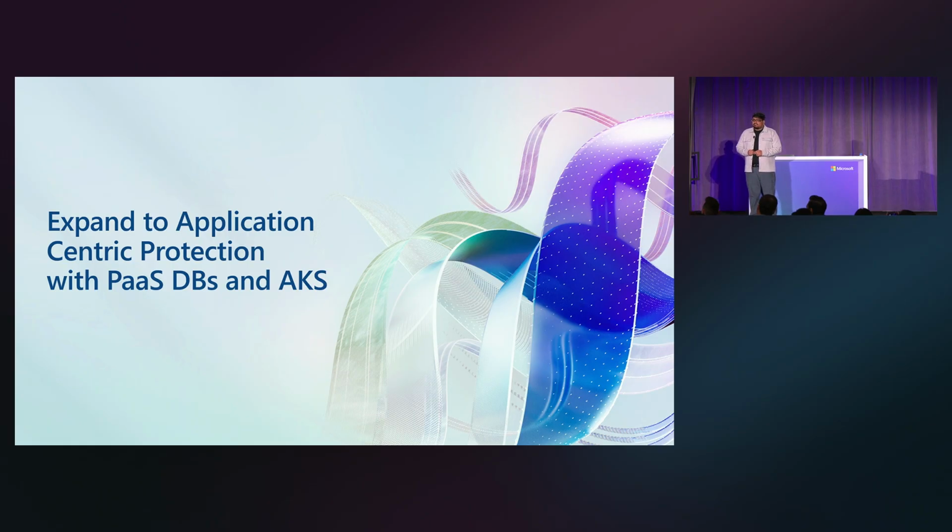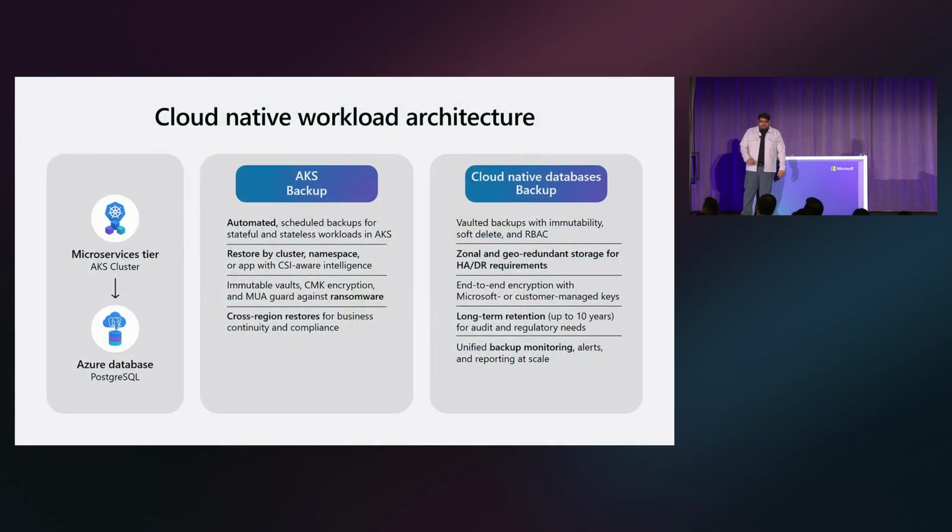In a cloud-native model, you are no longer protecting a single server or a single database. You are protecting an interconnected application of Kubernetes resources with the cloud-native databases, configurations, and the underlying data sources and services that power the entire platform. Because of this, we need to think differently.